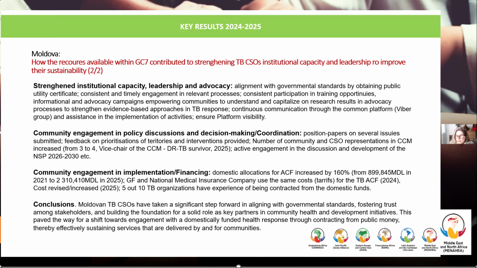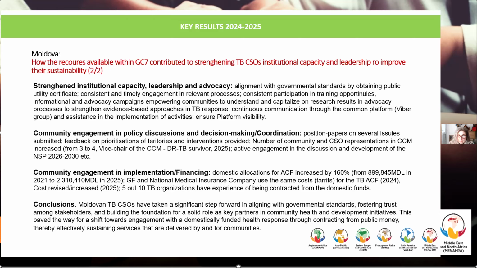It's about sharing information about global opportunities, which are so many with the online possibility to join, only to structure the time and participate actively. As well, we did a lot of communication through a Viber group, a community group which gathered up to 40 members of civil society with a lot of updates at the national level and the global level.